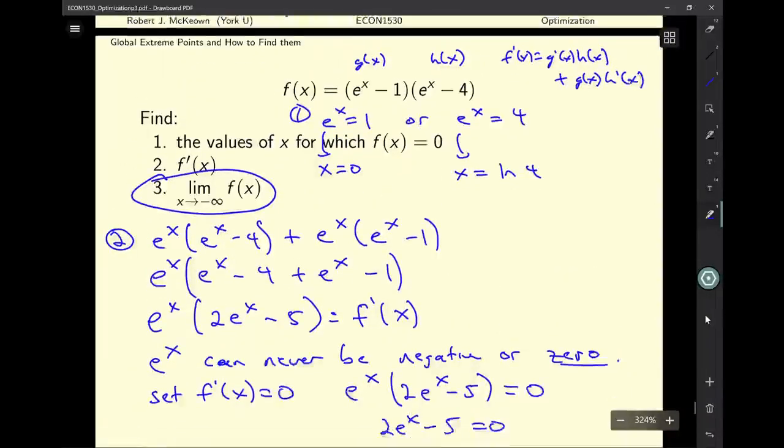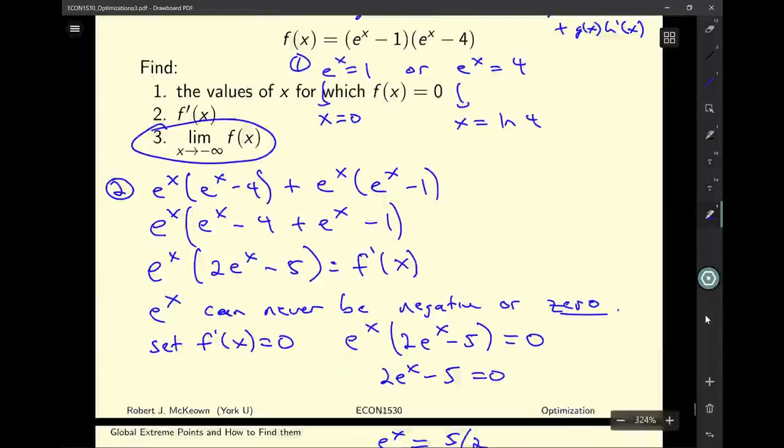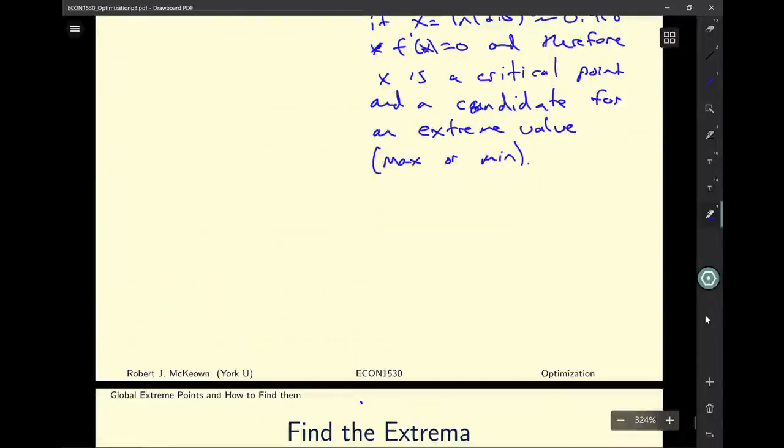Question 3 says, in the limit as x approaches negative infinity, what happens to f of x? So let me go down here and rewrite the question. We've got f of x is equal to e to the x minus 1 times e to the x minus 4.